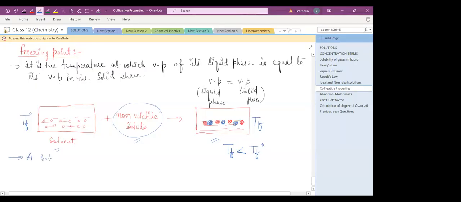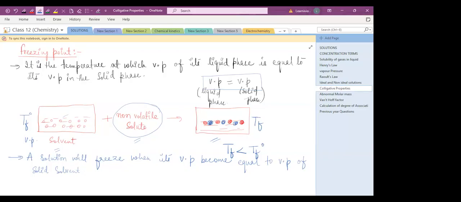A solution will freeze when its vapor pressure becomes equal to the vapor pressure of the solid solvent. In this case, you can see that the vapor pressure of your liquid phase becomes equal to that of the solid phase. Here the vapor pressure of the solvent is equal to the vapor pressure of your solution. So in this case the solution will freeze, because its vapor pressure becomes equal to the vapor pressure of the solid solvent.